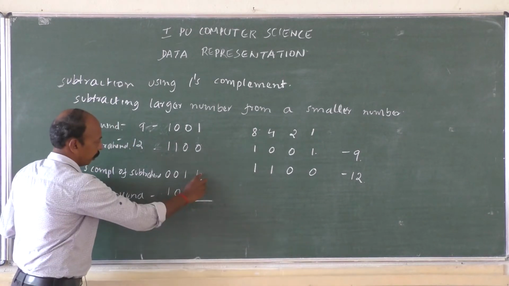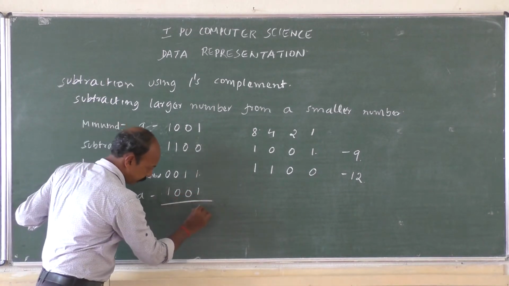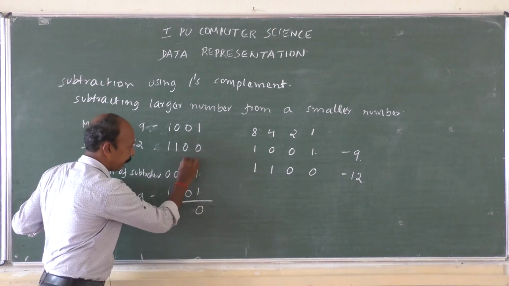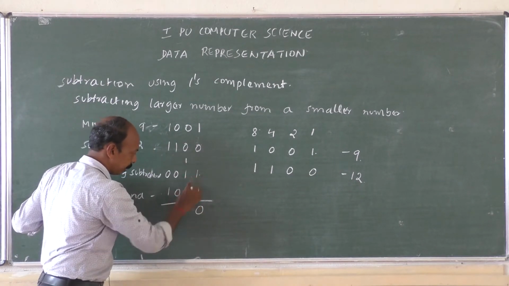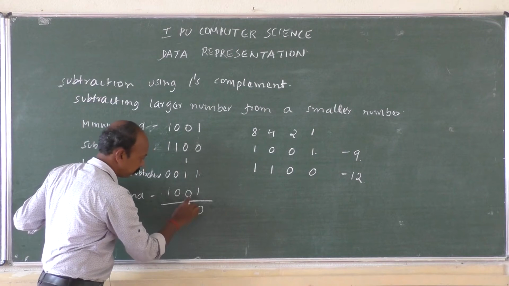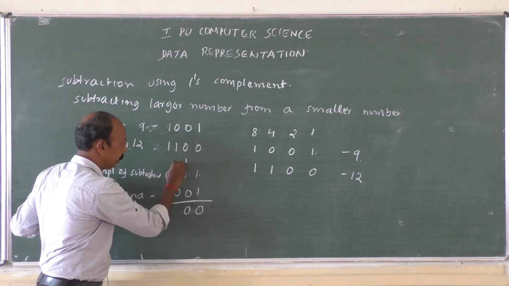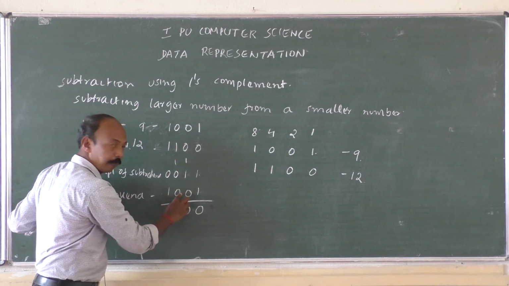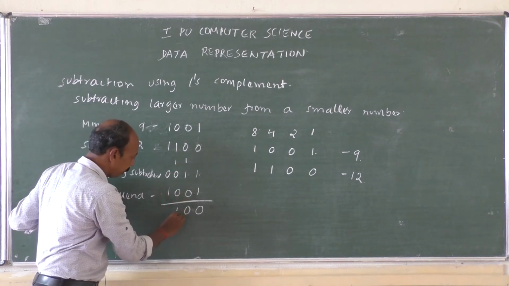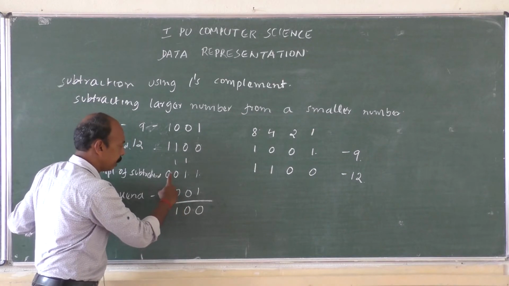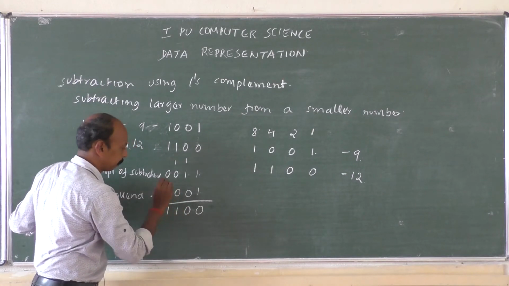So 1 1 0 with a carry 1, 1 and 1 is again 0. We have the carry here, 1 and 1 will be 0 with carry 1. 1 0 0, when you add it up it becomes again 1. There is no carry now. 0 and 1, this is 1.